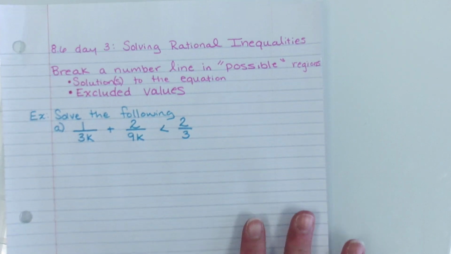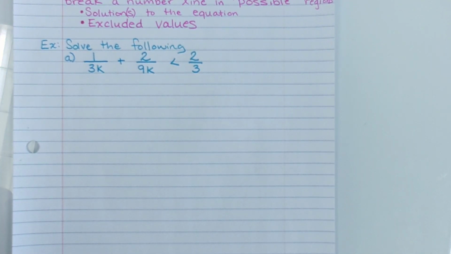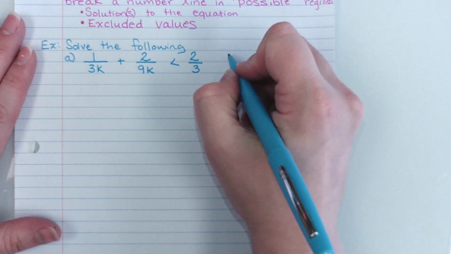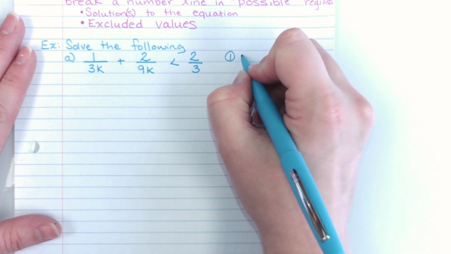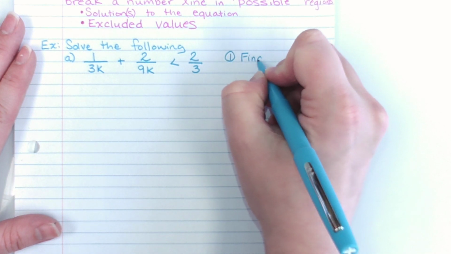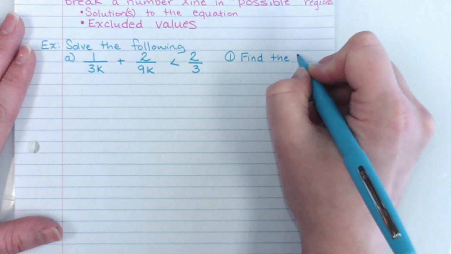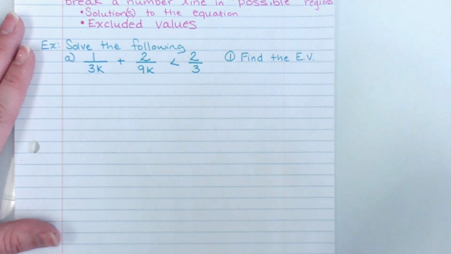So we're going to have inequalities like 1 over 3k plus 2 over 9k is less than 2/3. We want to build that number line. So in order to build that number line, the first thing we are going to do is find the excluded values.